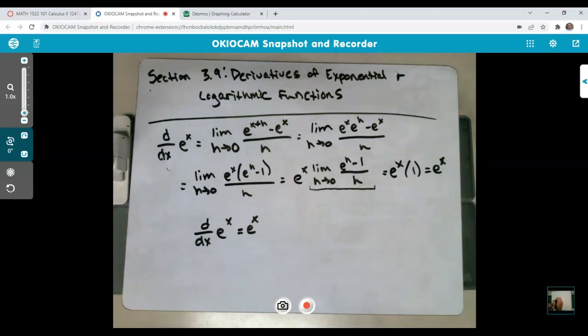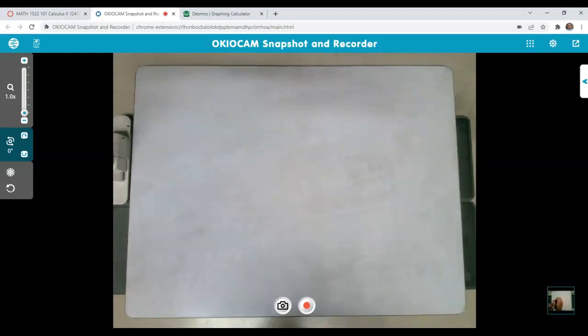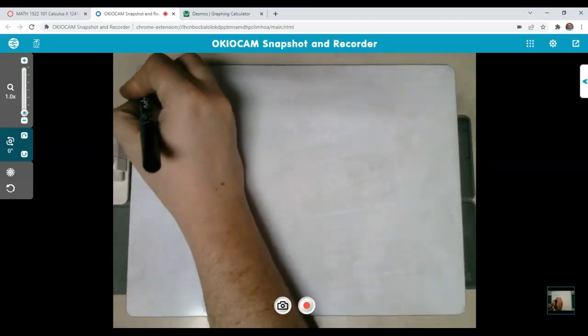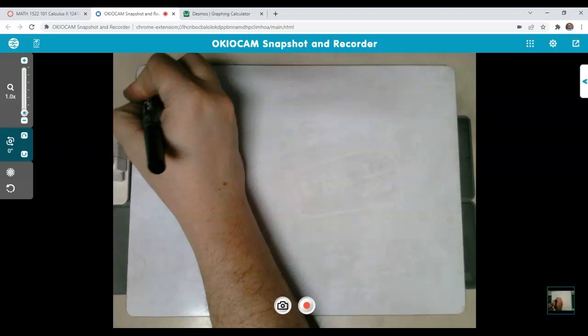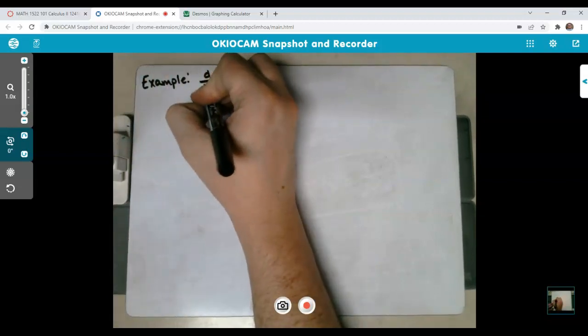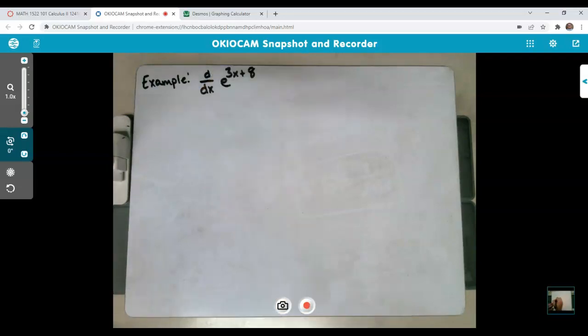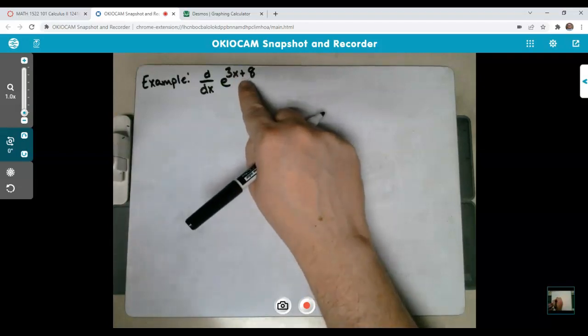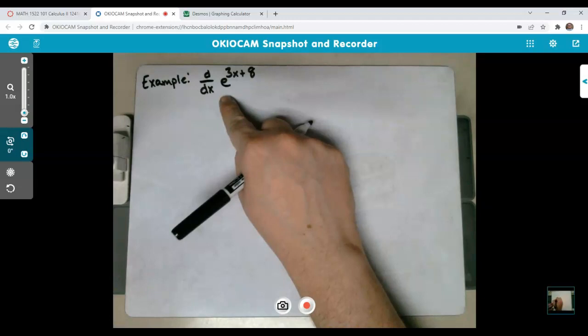Again, e stays e. Example: let's find the derivative of e to the power of 3x plus 8. First things first, I can tell straight up I'm going to need the chain rule, because I don't just have e to the x, I have e raised to a bunch of stuff.